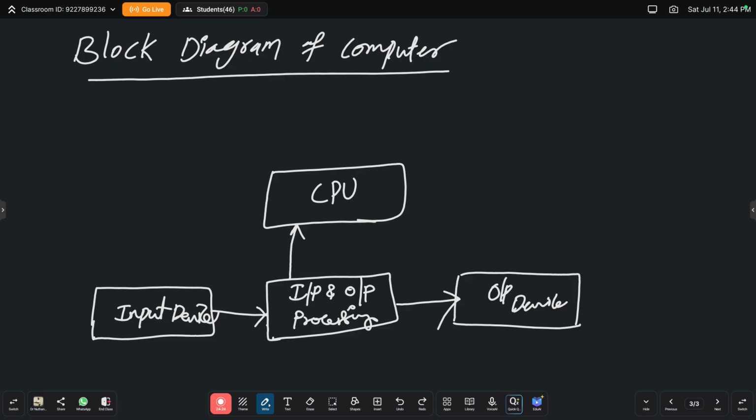For example, I will give it to you. Please do what is A plus B into C. This is my evaluation. Are you clear? Then I am giving A value is 5, B value is 2, C value is 1. For example, this is my input. Are you clear? So how to do?